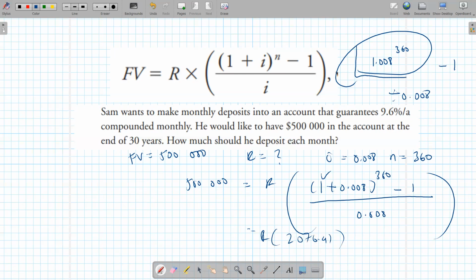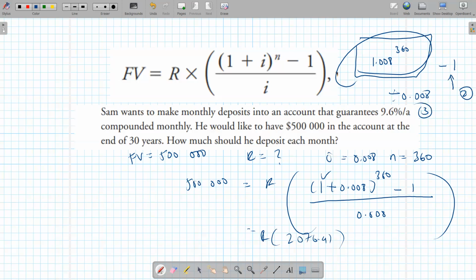So I did this part first, and then you want to subtract 1 in the next step, and then whatever you get, you want to divide by 0.008 in the third step. Oh, now I got the same thing.